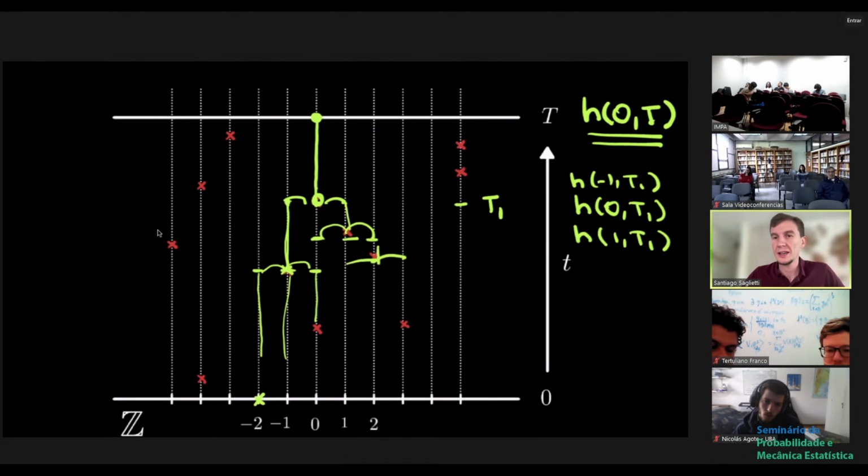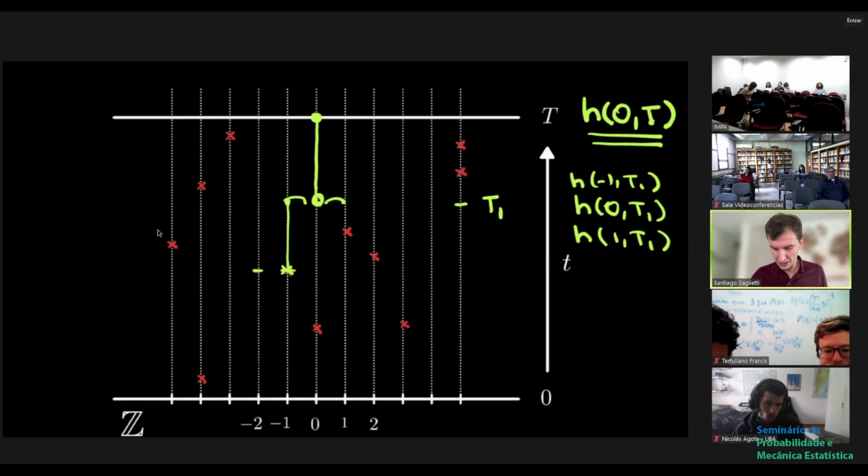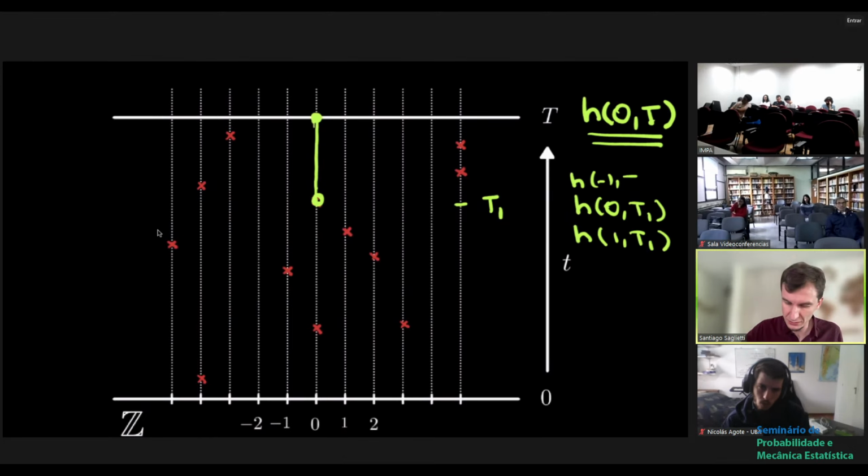What I will get somehow is a net of paths which I have to look at in order to decide the heights of the different columns at the different times. And what these paths do is that they start from here.